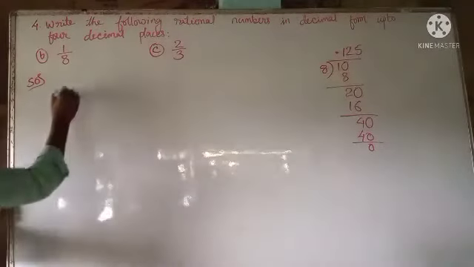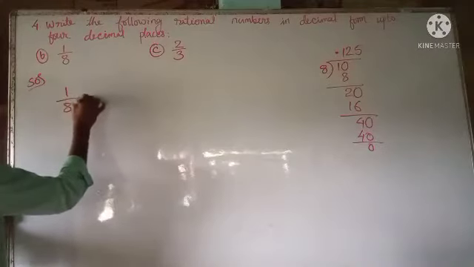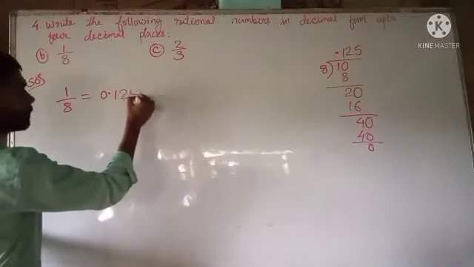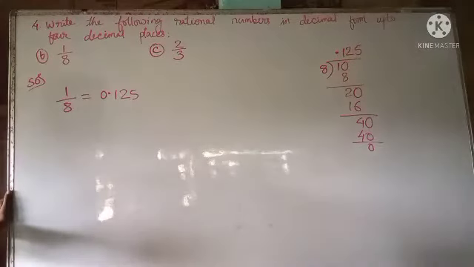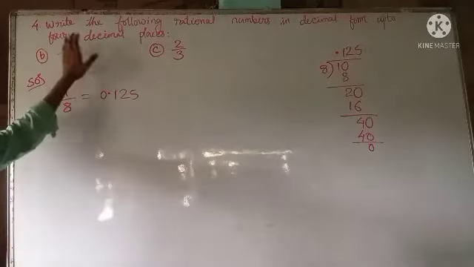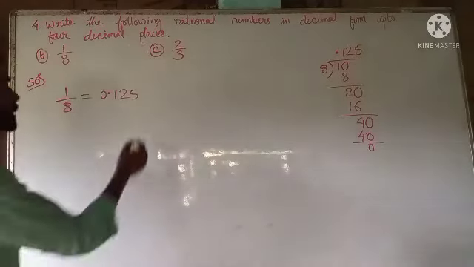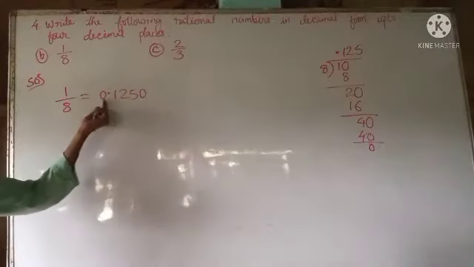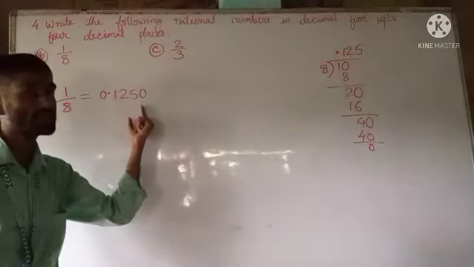So 1 by 8 is equal to 0.125. But in the question it is given up to 4 decimal places. So we can add a 0 here so that it becomes 4 decimal places, that is, after the decimal point it becomes 4 digits.